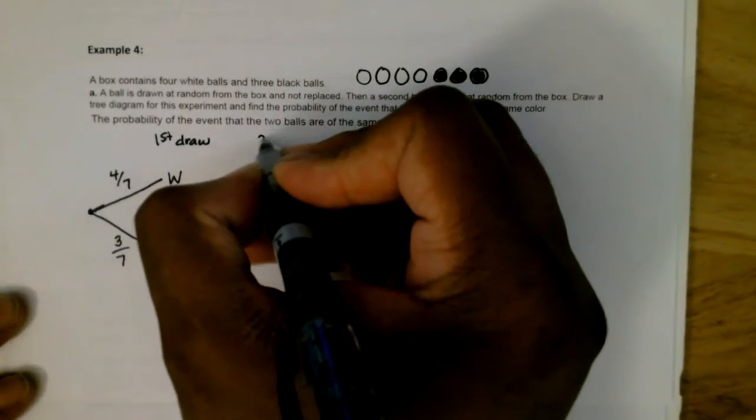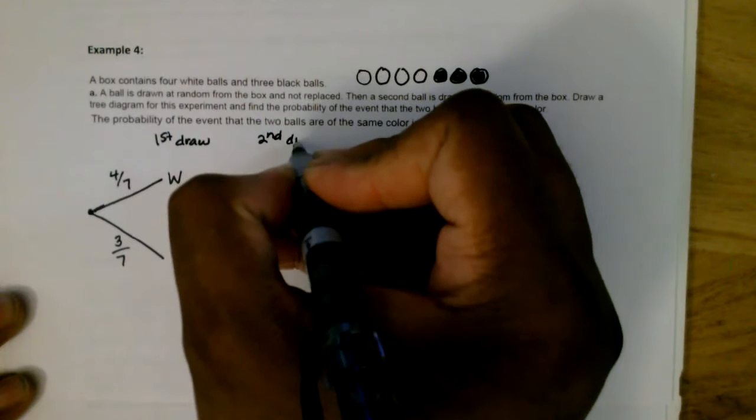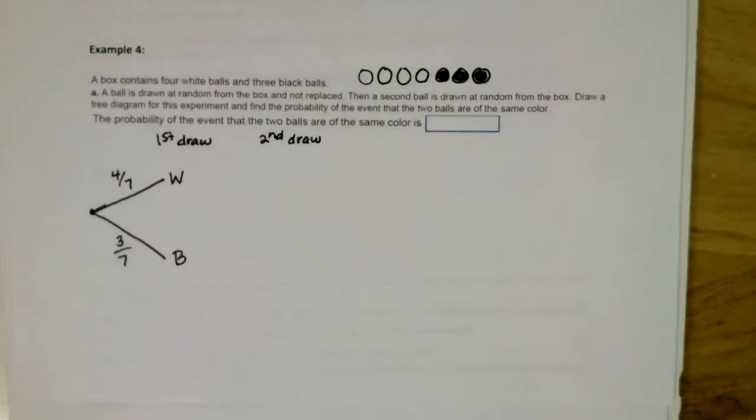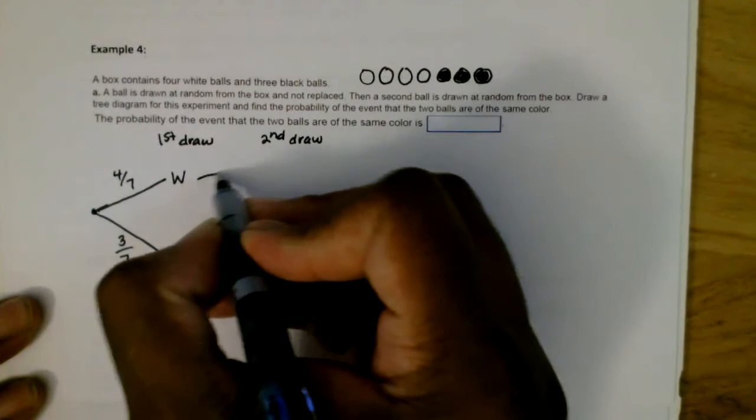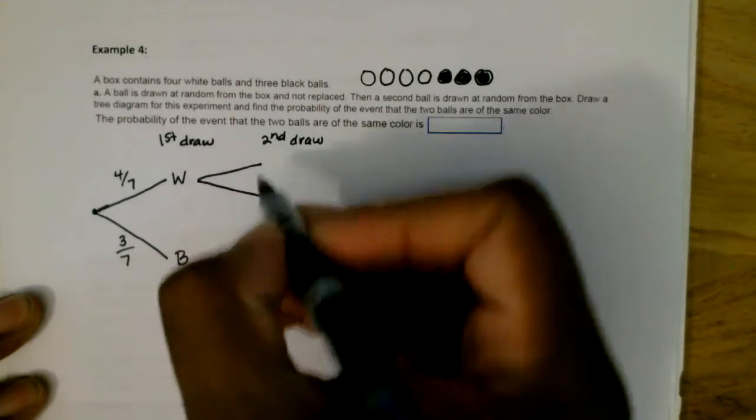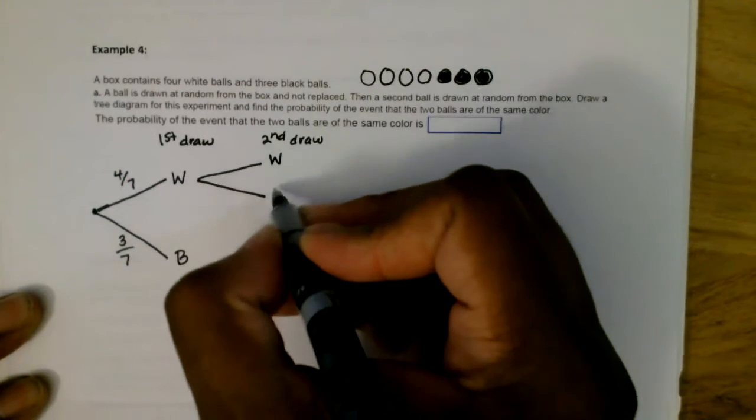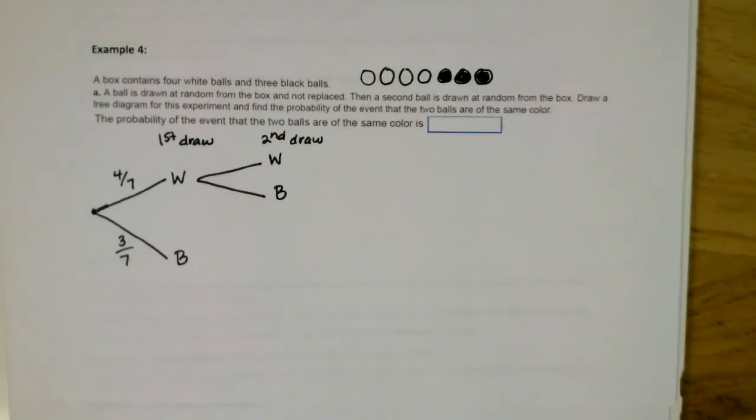And now on the second draw, we're told that the ball that was drawn on the first pick will not be replaced. So that means our probability will be changing when we find the probability of drawing either a white ball or black ball on the second draw.